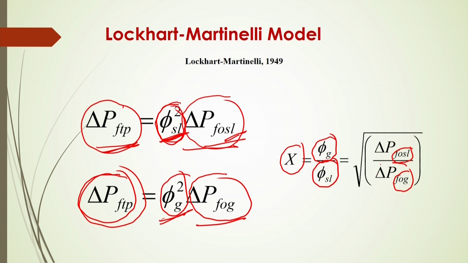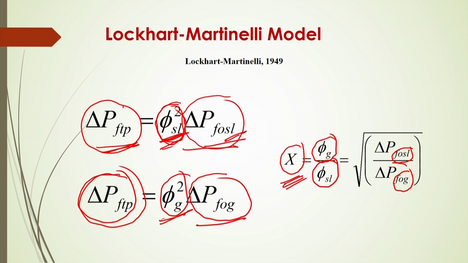So, X is the root of the ratio of the frictional pressure drop of single phase slurry and the single phase gas. From this you can get the total frictional pressure drop. Now, phi SL is a parameter and X is also a parameter. These are the Lockhart-Martinelli parameters, from which you will be able to calculate the frictional pressure drop.